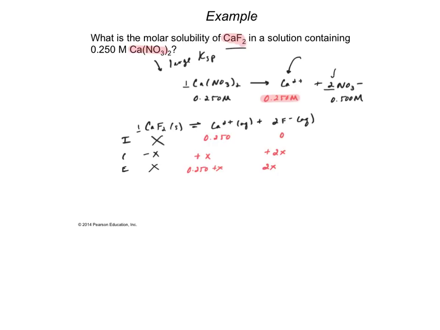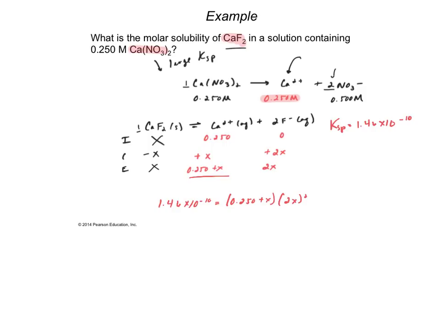All right, so then you go up and you look up the KSP value for this calcium fluoride. KSP here ends up being equal to 1.46 times 10 to the minus 10. So 1.46 times 10 to the minus 10 is equal to 0.250 plus x, so that's my calcium, and then (2x) squared.